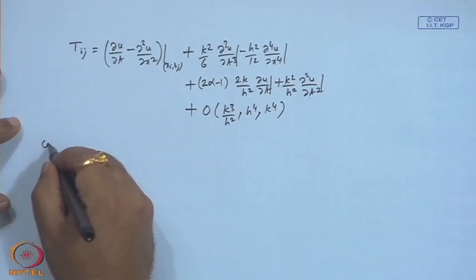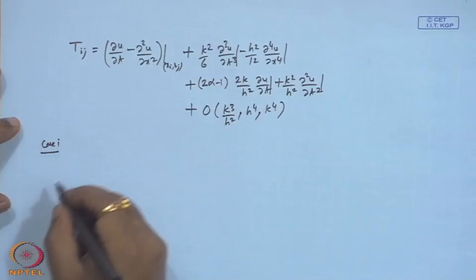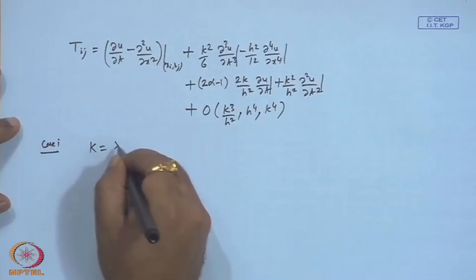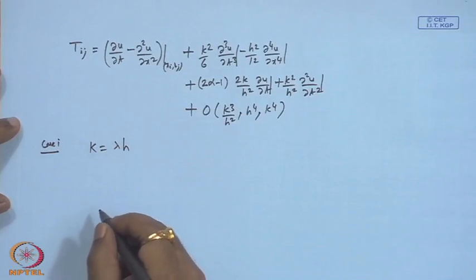Then let us look at case 1 where k is lambda h.